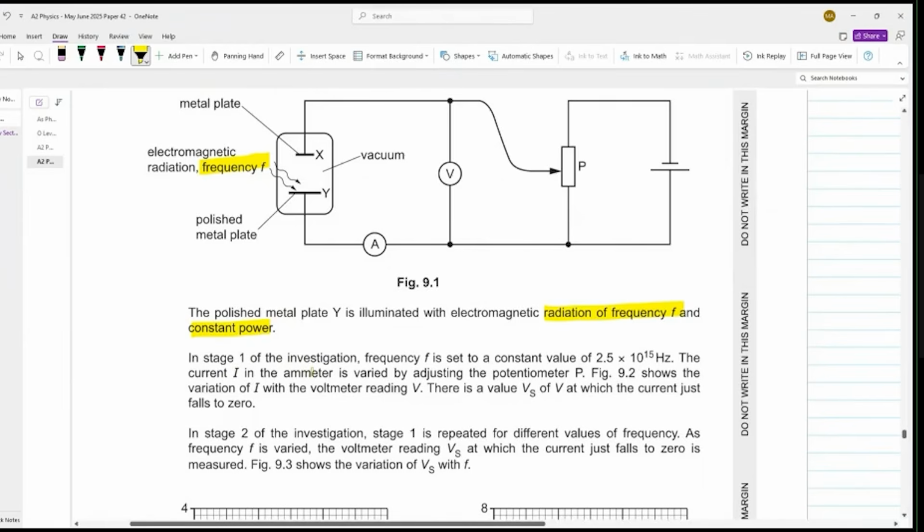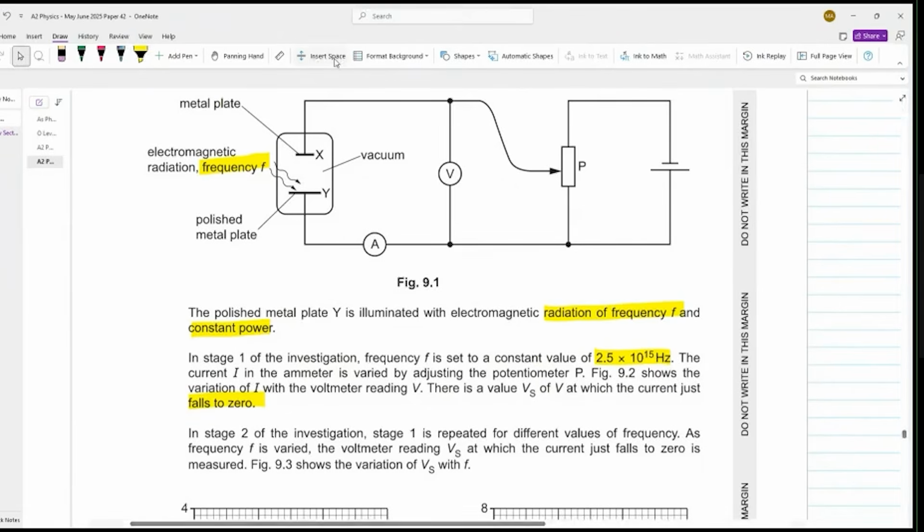In stage 1 of the investigation, the frequency is set to a constant value of 2.5 into 10 raised to the power of 15. The current in the ammeter is varied by adjusting the potentiometer. Figure 9.2 shows the variation of current with voltage reading. There is a Vs of voltage at which the current just falls to zero.